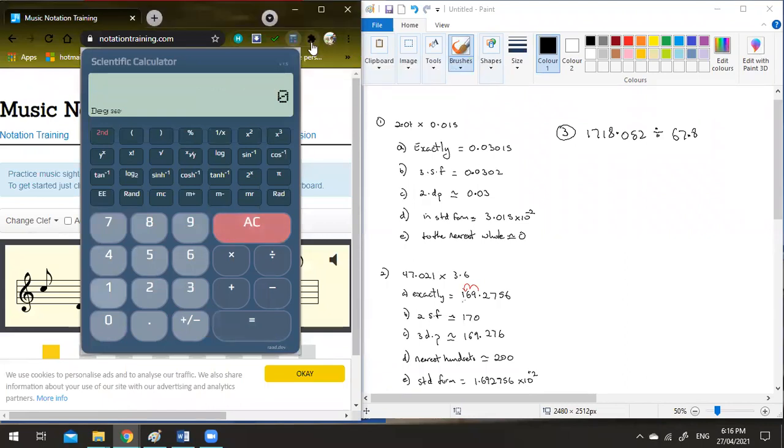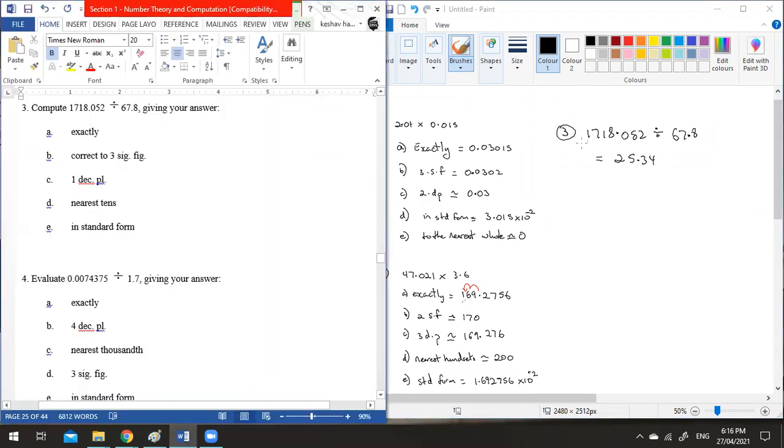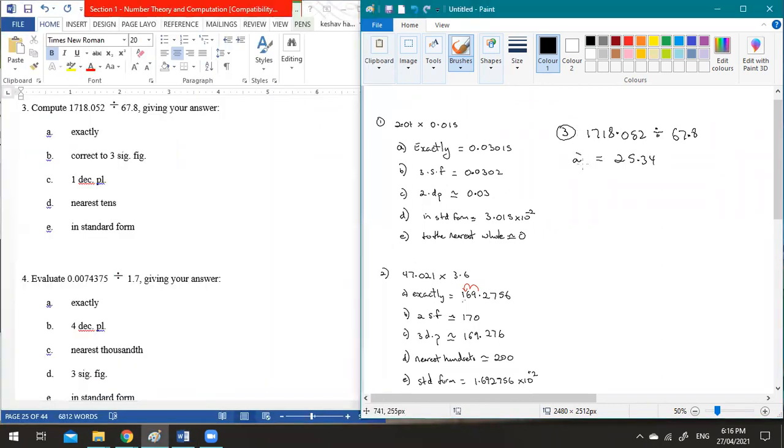So 1718.052 divided by 67.8 equals 25.34. Right, so this is exactly right. B, you want 3 significant figures.